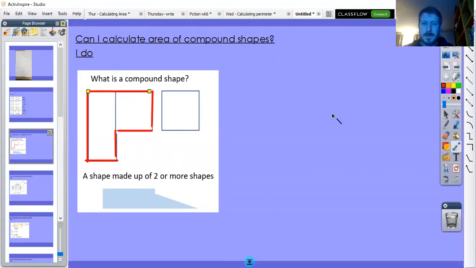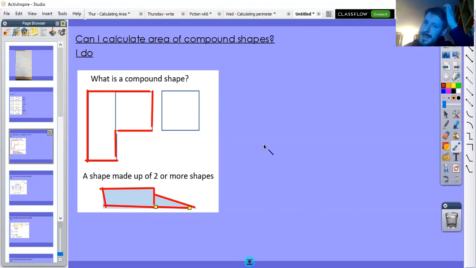So there's our shape. It's made up of the rectangle and the squares. This one down here has the rectangle, and then you've also got a triangle here as well. So it's made up of two shapes.